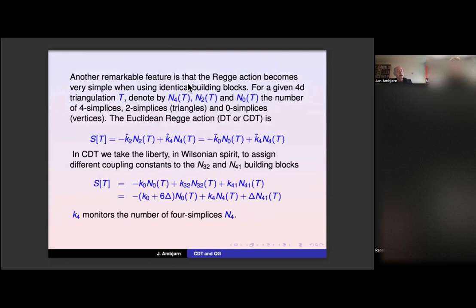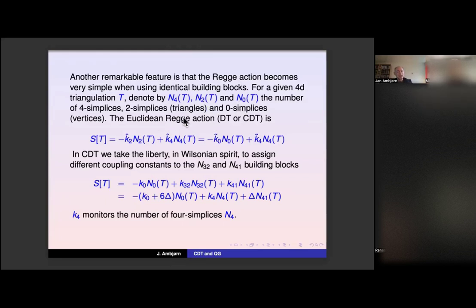And now the remarkable feature also is that the Regge action becomes very simple when we use identical building blocks. So for a given 4-dimensional triangulation, let N4 be the number of 4-simplices, N2 the number of triangles, and N0 the number of vertices.